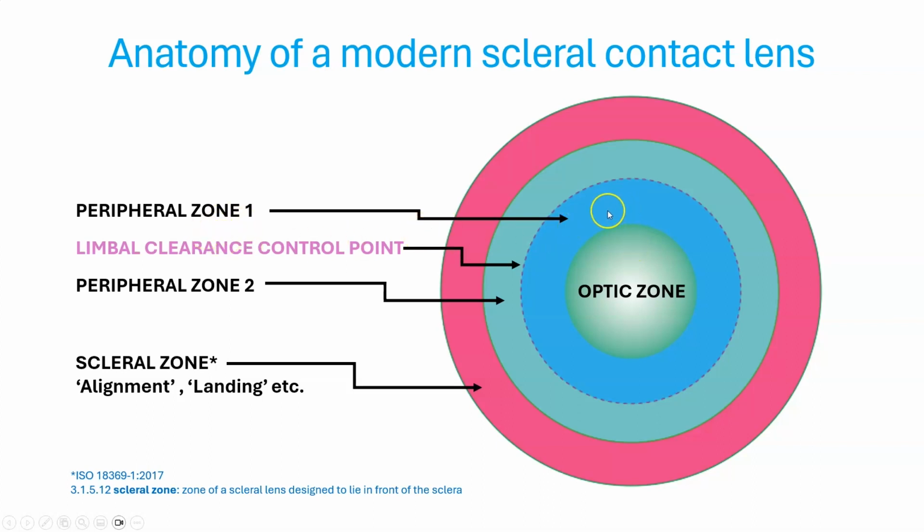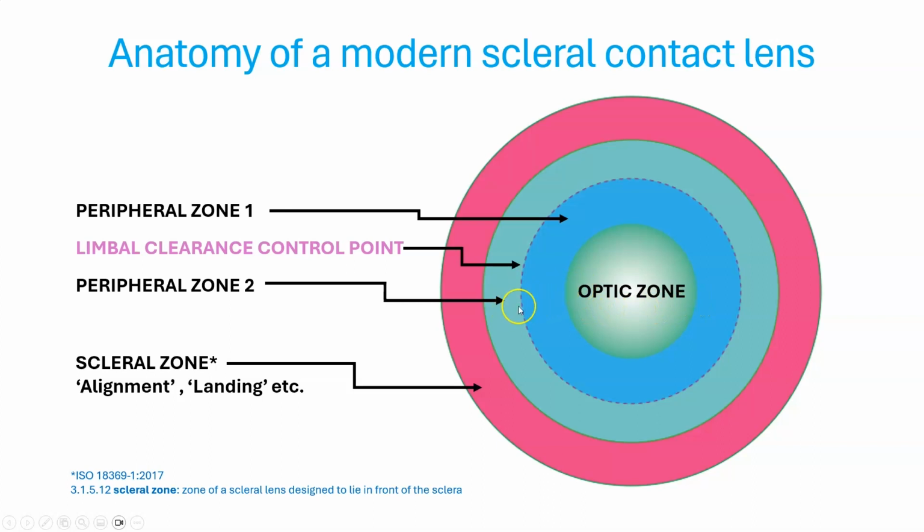The first peripheral zone is shown here in blue, the second peripheral zone is shown in green, and the transition between those zones is in this case the limbal clearance control point. Having two peripheral zones in this fashion allows me to adjust the limbal clearance without having to alter the optic zone or its radius or anything related to it.